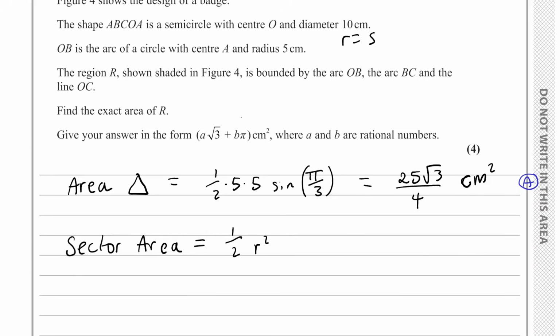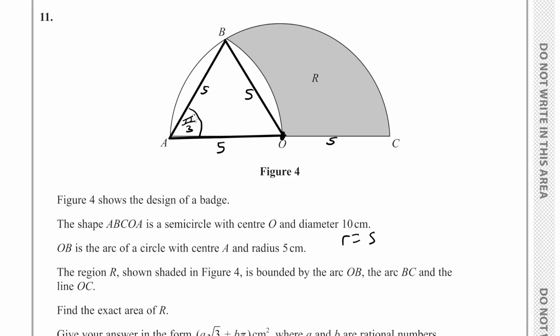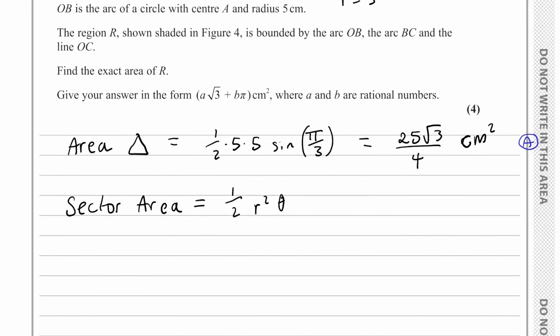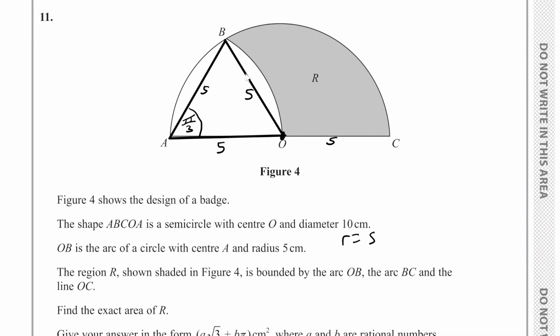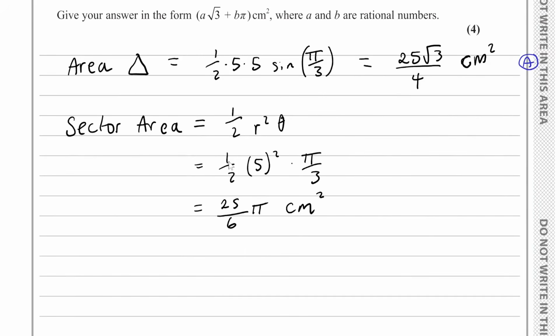It's half r squared theta. So r is 5 and theta is pi over 3. So it's half of 5 squared times pi over 3, which will be 25 over 6 pi centimeters squared. So that's the sector.